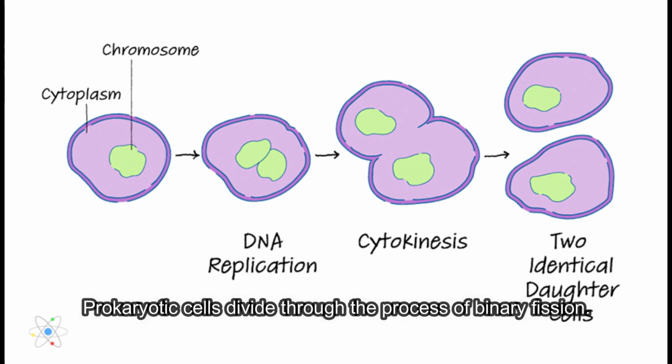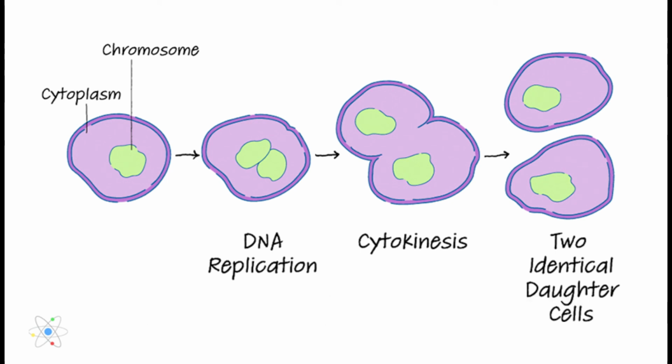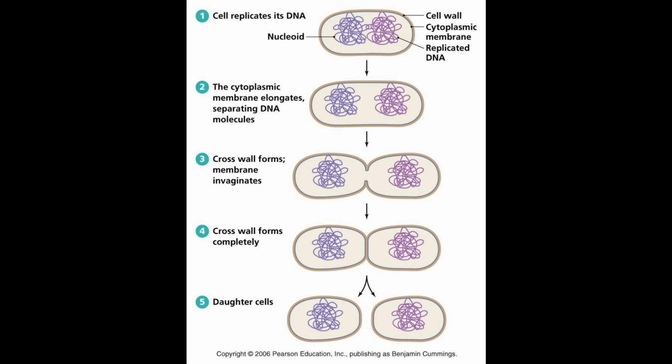The prokaryotic cells divide through the process of binary fission. Unlike mitosis, this process does not involve the condensation of DNA or the duplication of organelles. Prokaryotic cells have only a small amount of DNA, which is not stored in complex chromosomes. Furthermore, there are no organelles, so there is nothing to divide.